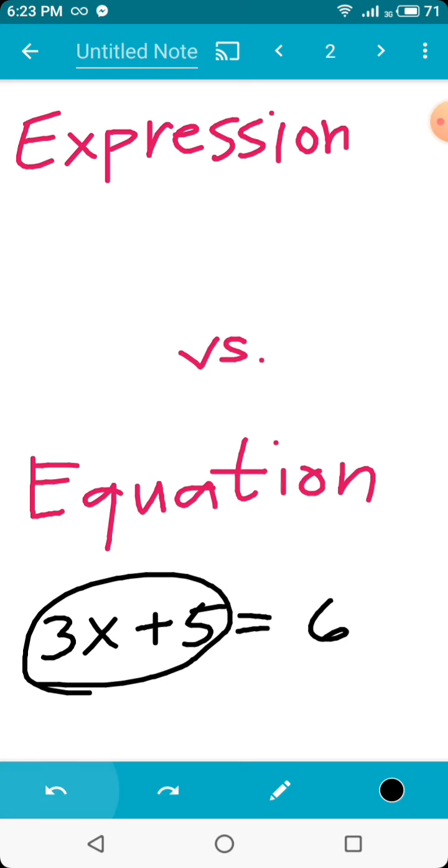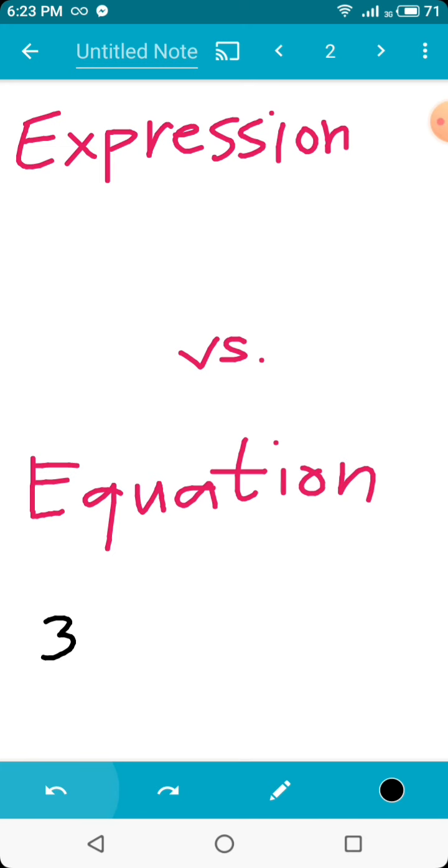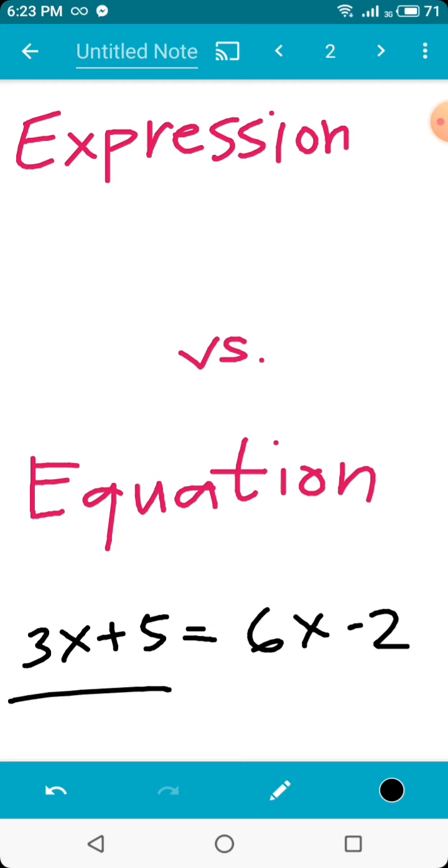Alright? So, pwede rin naman na yung equation natin ay 3x plus 5 and then kinombine mo ulit na merong another expression, let's say 6x minus 2. Isang expression, and pinag-combine mo gamit yung equal sign. Okay?